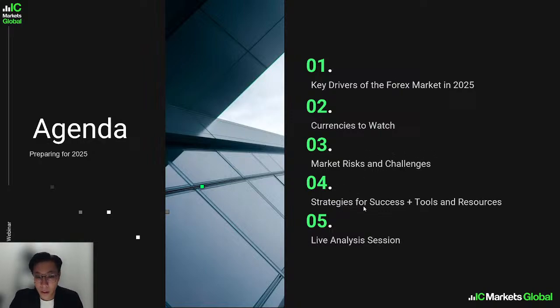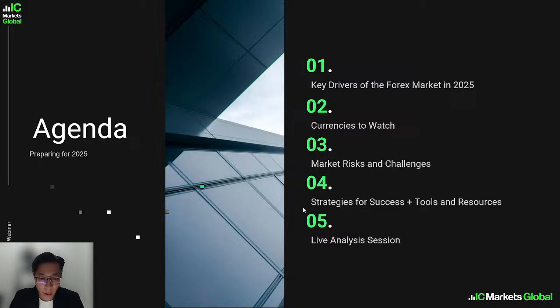Alright, and the fourth part is the strategies for success. I'll share with you guys a simple strategy that you can use which is effective enough for you to be consistent and for you to backtest at your own time, and also some tools and resources that you can use to help with your trading setup.